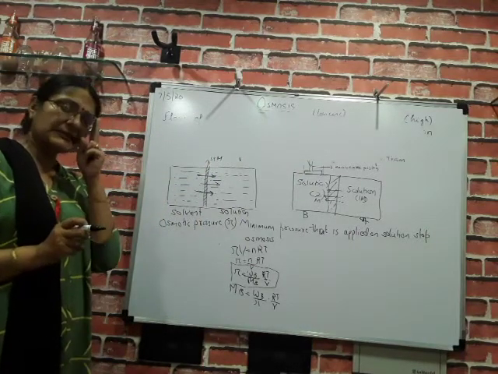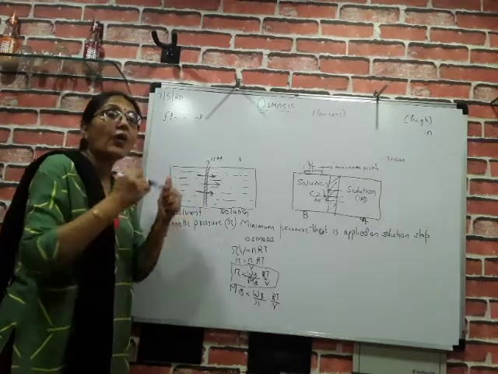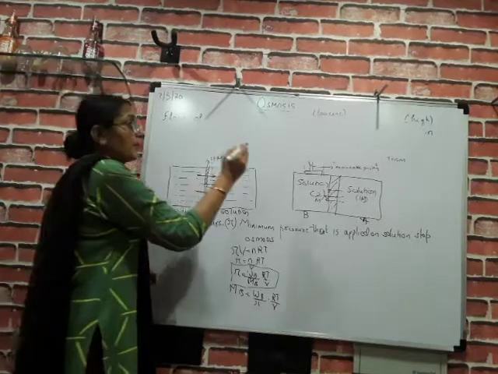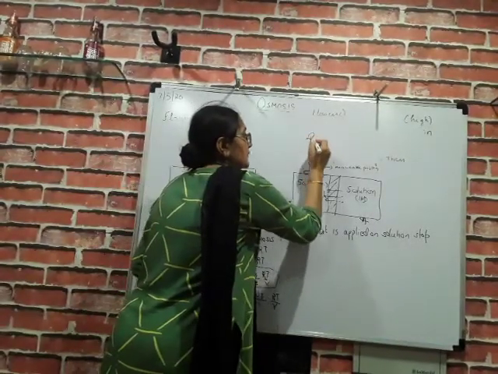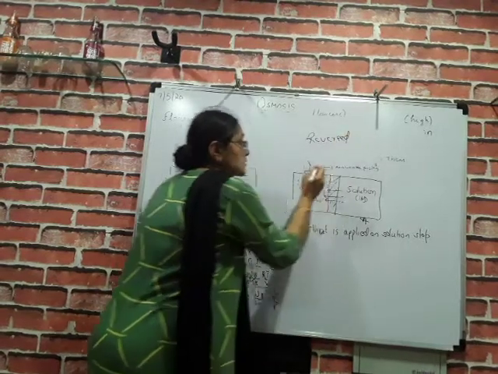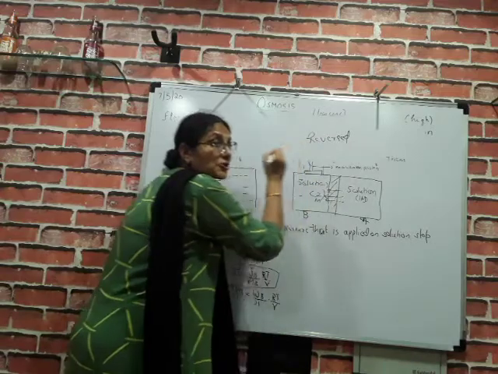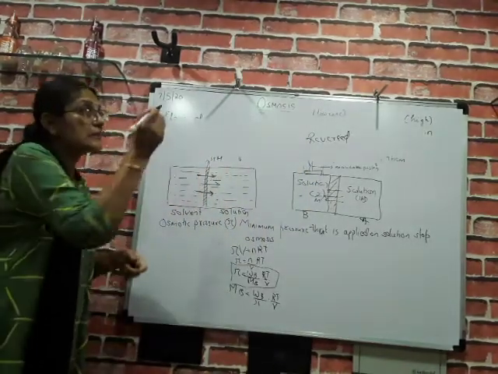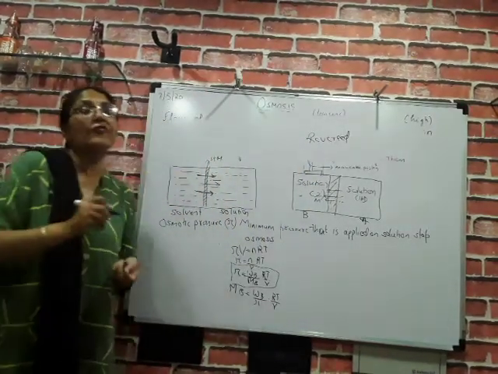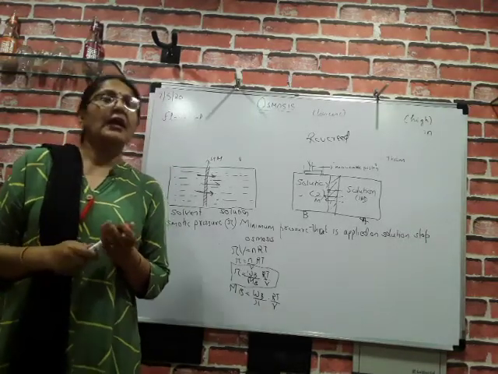Just think over it. Now, the direction of osmosis becomes reversed. Solvent molecules from solution 2 will move to solution 1. And this reversal of osmosis is called reverse osmosis.